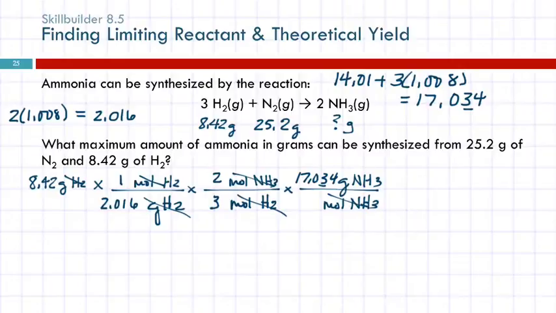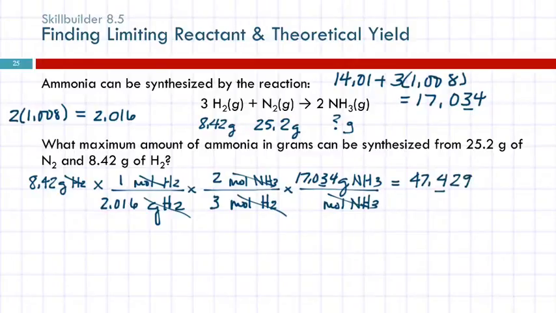So I take my 8.42, and I'm going to fix up my calculator here first. 8.42 divided by 2.016 times 2 divided by 3 times 17.034 equals 47.429.